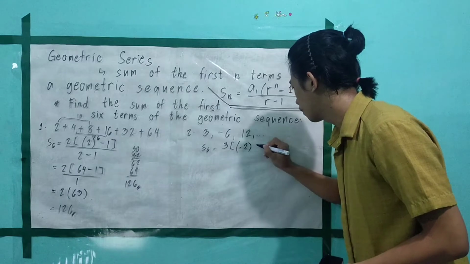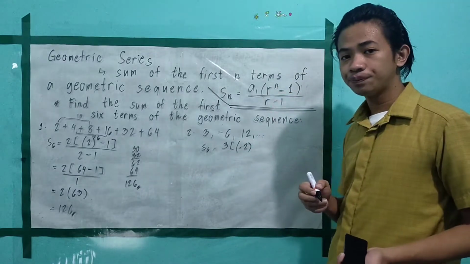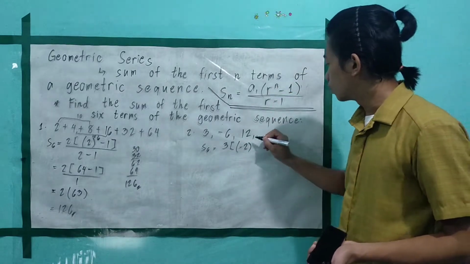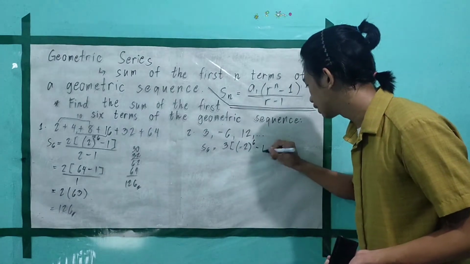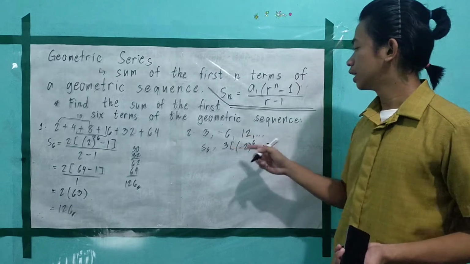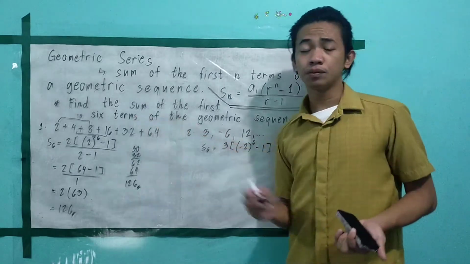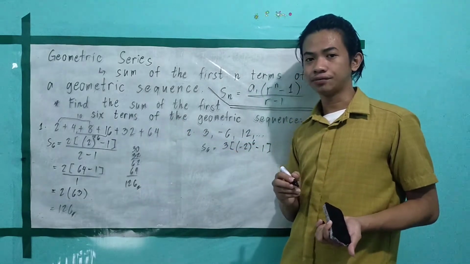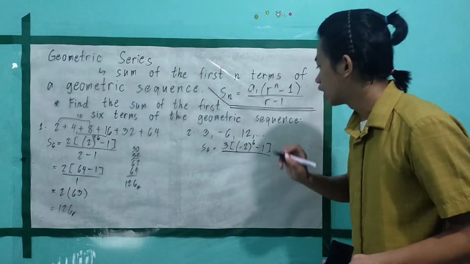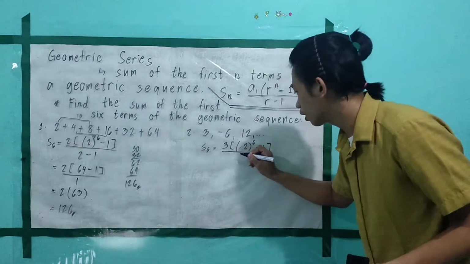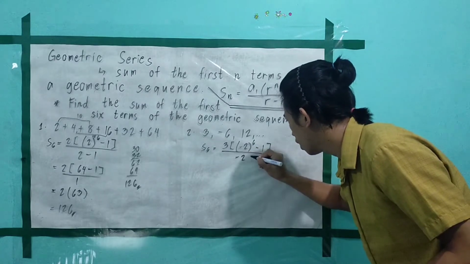Negative 2. Then, ano yung magiging n natin? So, we have 6. And then, minus 1. 6 dito dahil 6 terms yung hinahanap. First 6 terms. Okay, then, all over r, which is common ratio. Common ratio natin is negative 2 minus 1.